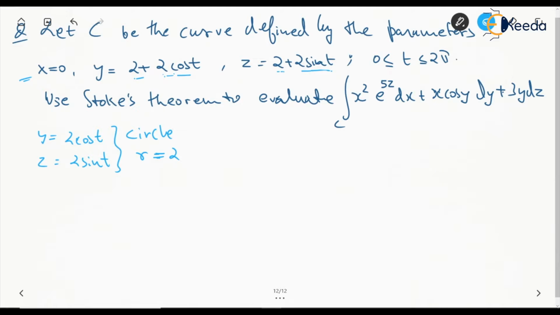Now if we are adding plus 2 in y and z, that simply means that we are shifting this circle of radius 2 from the origin, where the center is 0, 0. So when you are adding 2 to both y and z, the center becomes 2, 2, right?